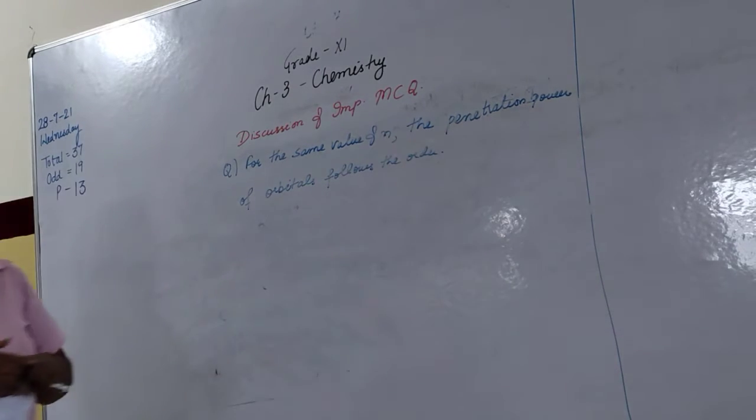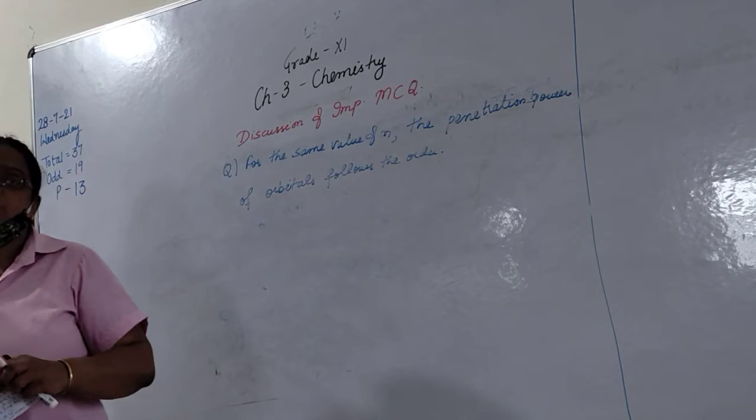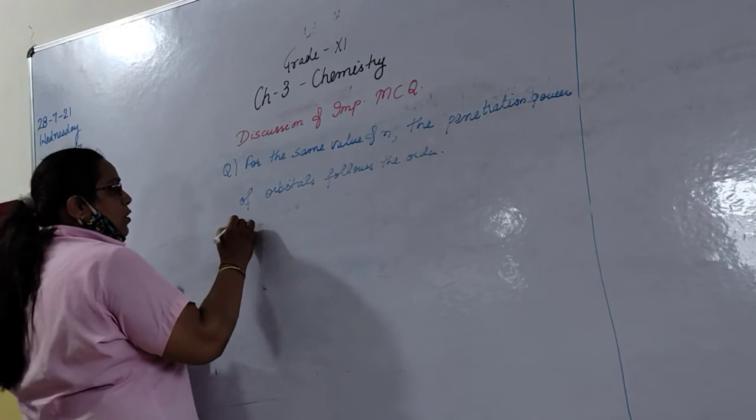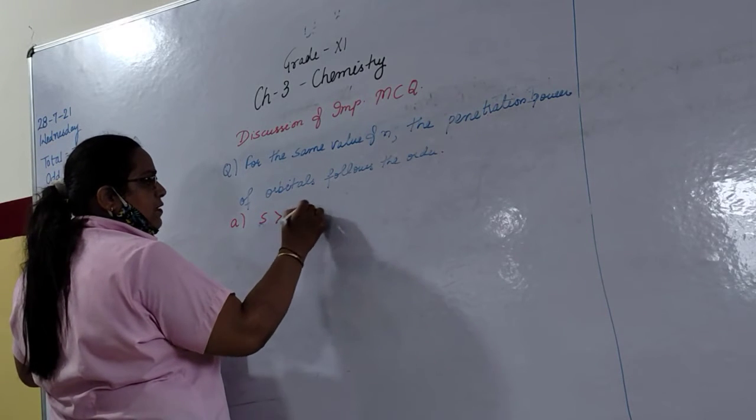The value of n is the same. Suppose it is 4: 4s, 4p, 4d, 4f. For example.